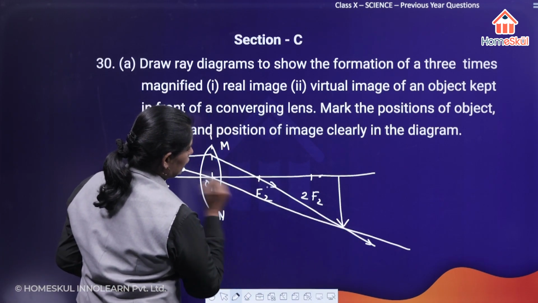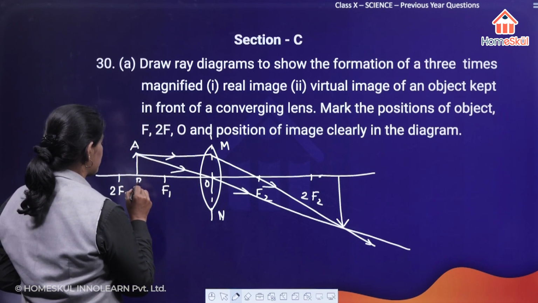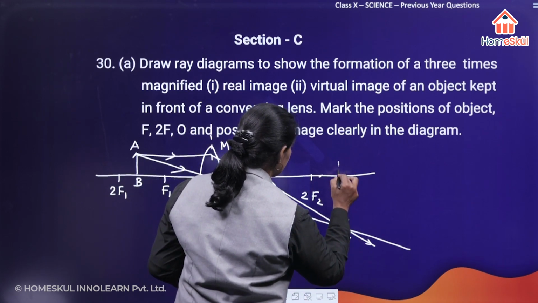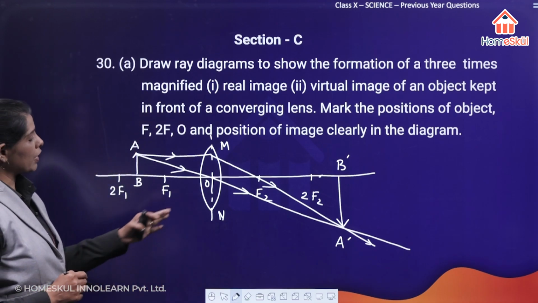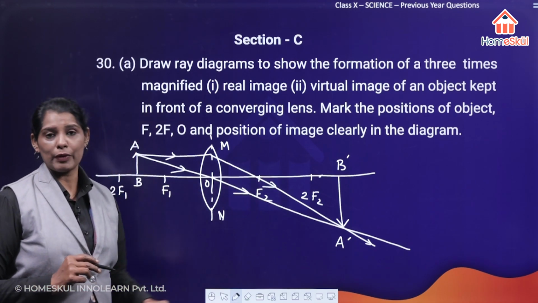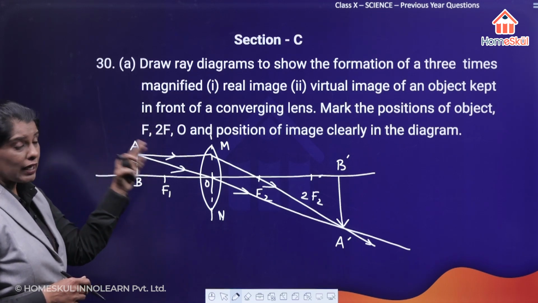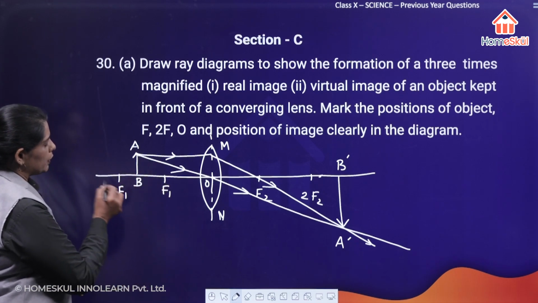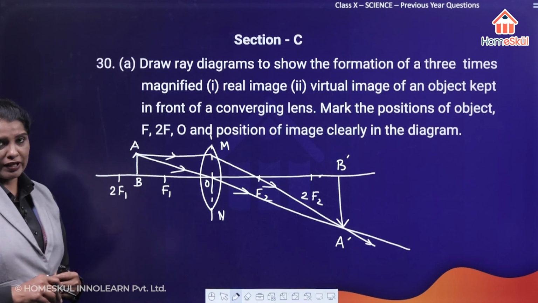The rays are represented by arrow marks. Here we can represent the object as AB. So here we get an inverted image which is magnified, and of course a real image is formed here. So if we have to get a real image which is 3 times magnified, the object must be kept between F1 and 2F1 in the case of a convex lens.